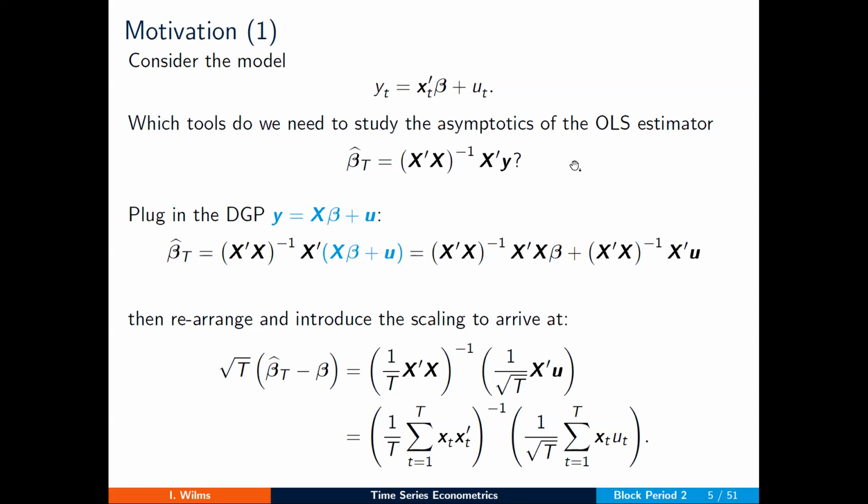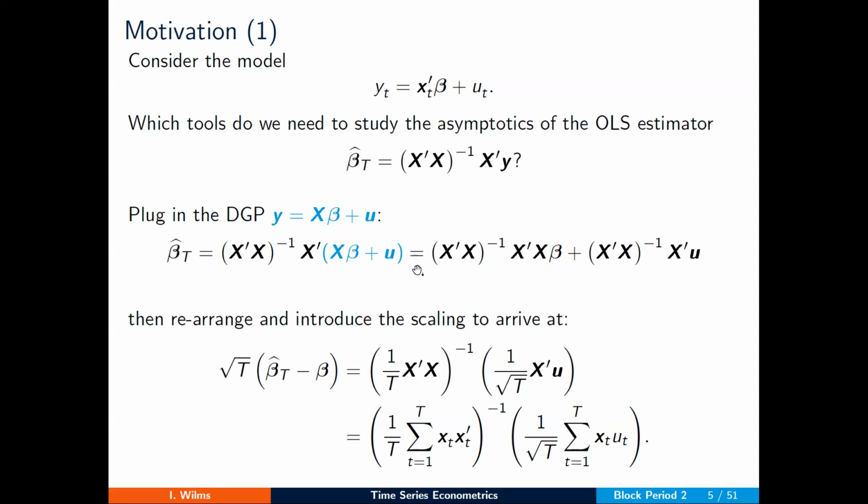And if we think back of the roadmap that I laid out last week, our first key step starts from this estimator, then plugs in the DGP as written here in blue inside of the expression of the least squares estimator.